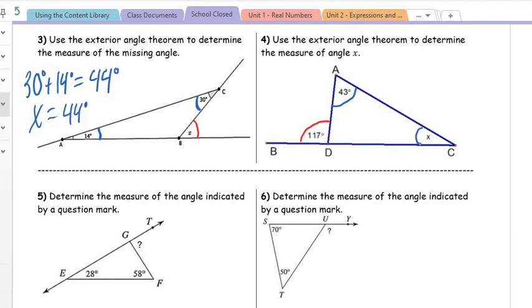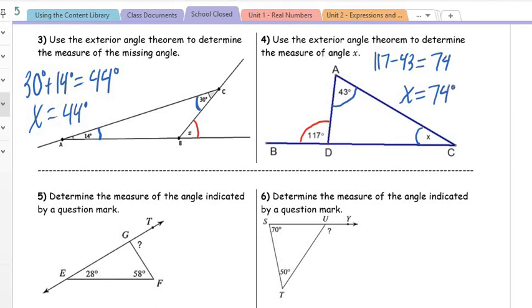Since we're working backwards here, we know the exterior angle is 117. So I'm going to subtract 117 minus the angle we have, which is 43, and that will tell us the other remote interior angle. You should find that the measure of this angle is 74 degrees. So in this case, x equals 74 degrees.